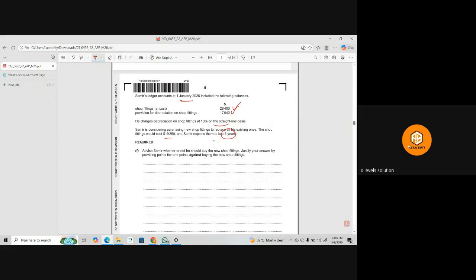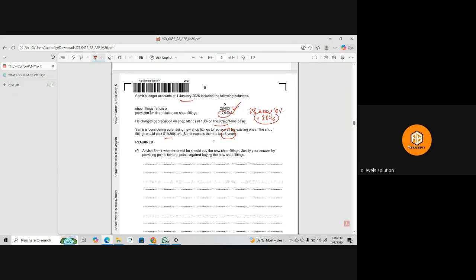Okay, so it means you can find out how much depreciation we will charge. For example, if you talk about this, 28,400 multiplied by 10%, the depreciation will be 2,840. This is the yearly depreciation we are charging. And it's the total depreciation till now.